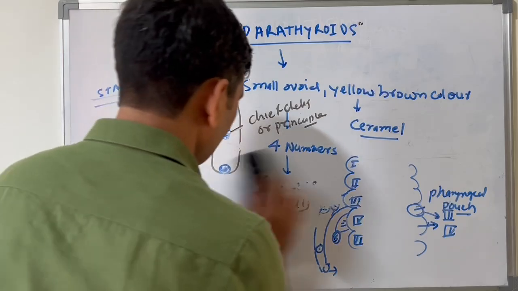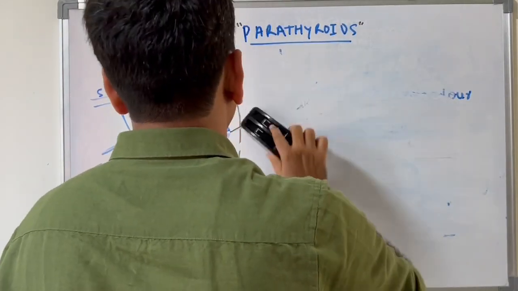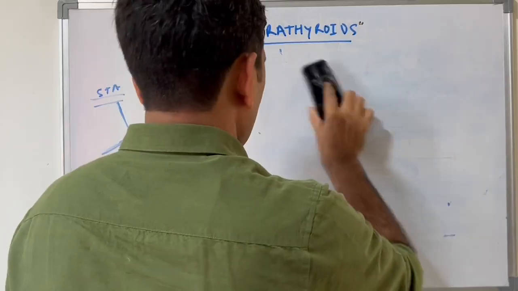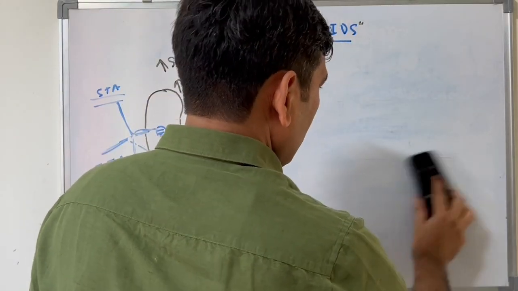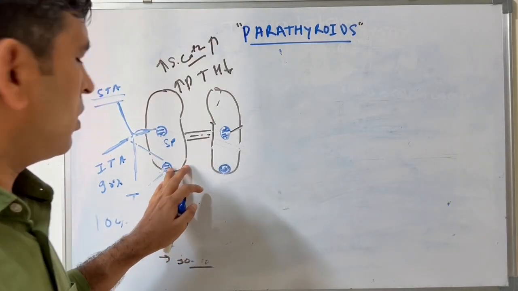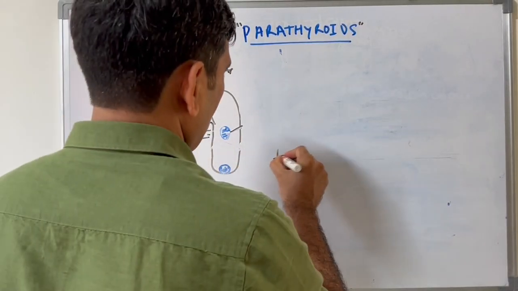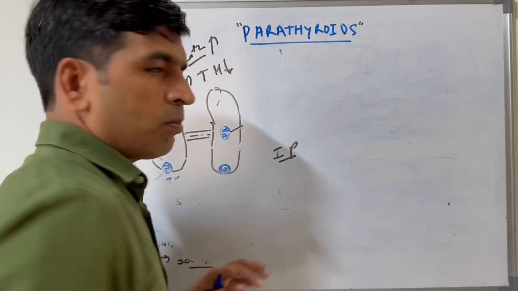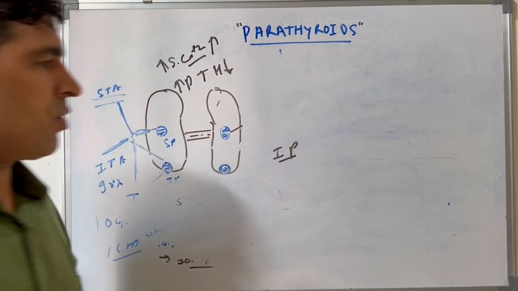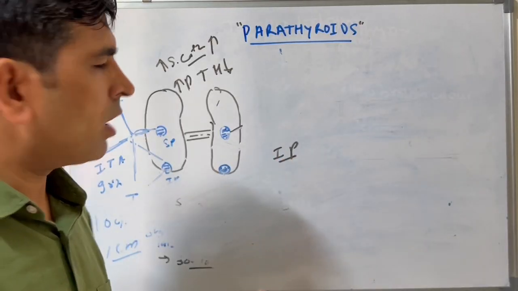Now, during surgery, the most common adenoma arises from the inferior parathyroids because of variable locations, and they are difficult to find in the neck.